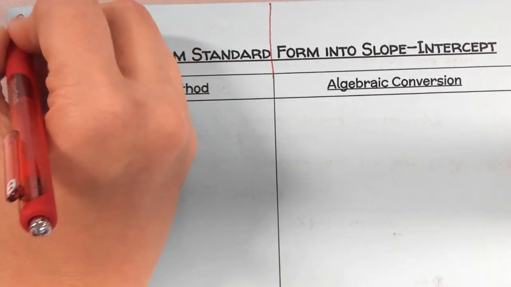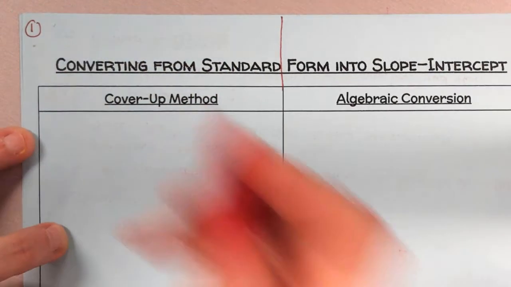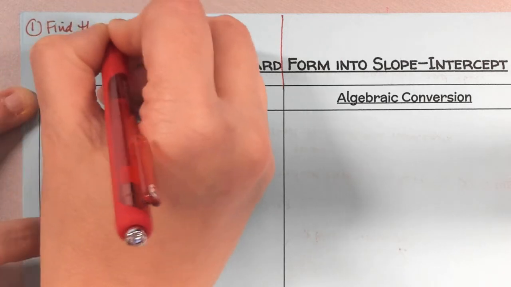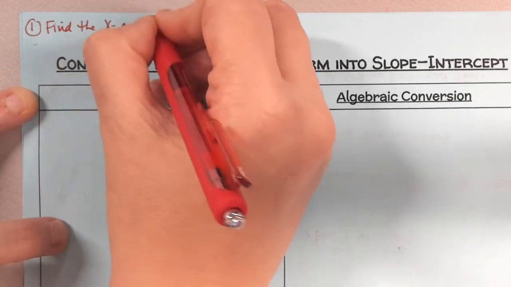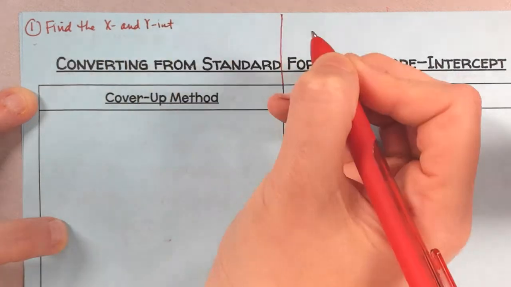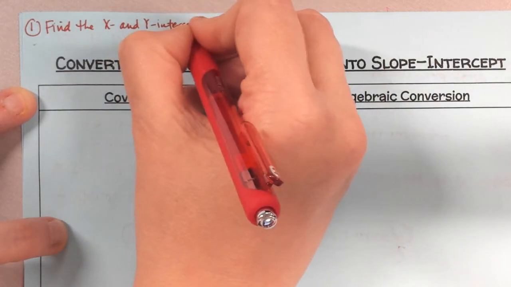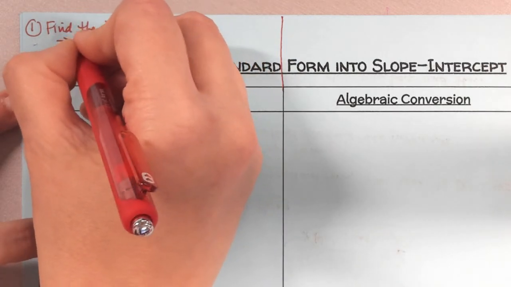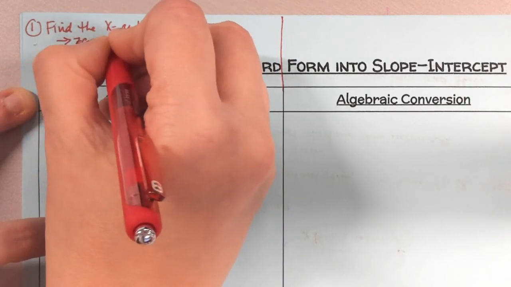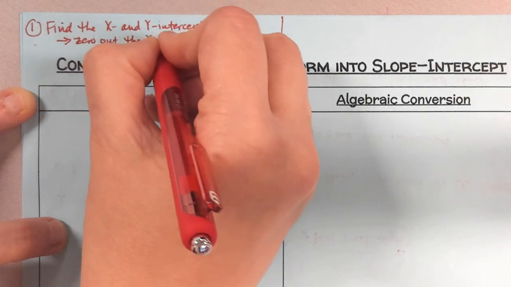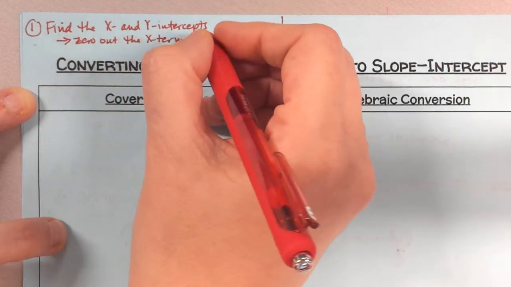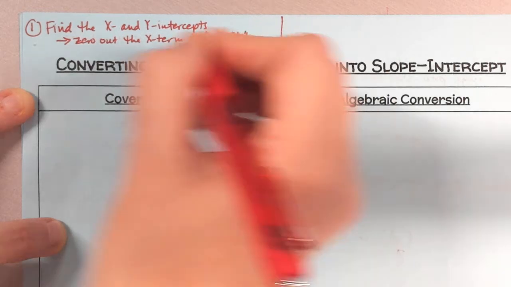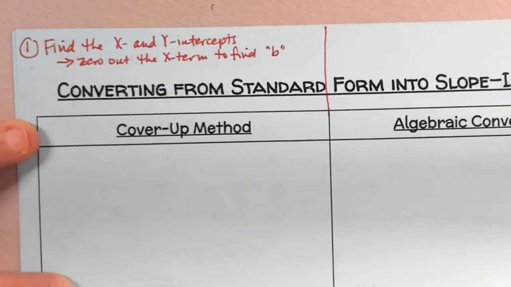Step 1: find the x- and y-intercepts. To do that, we're going to zero out the x term to find the y-intercept.